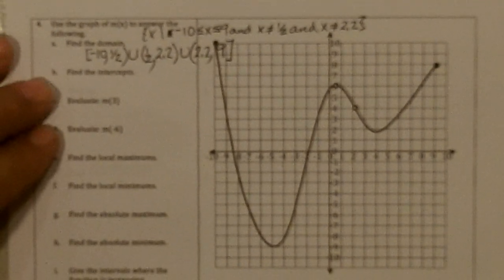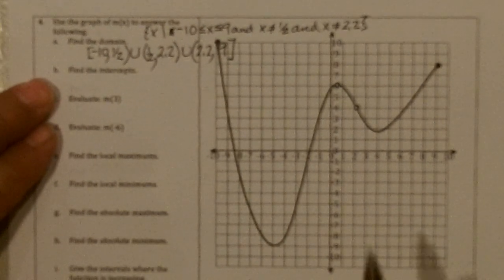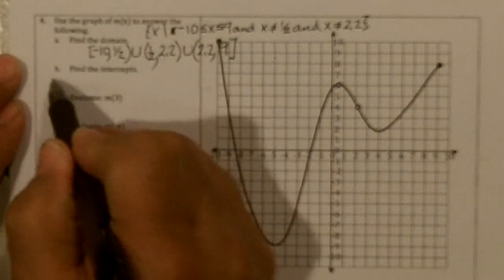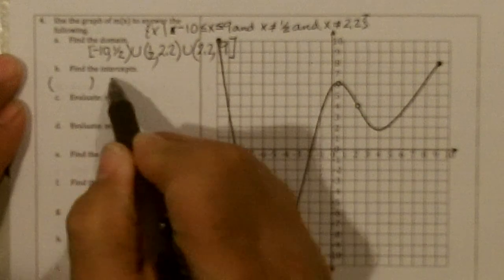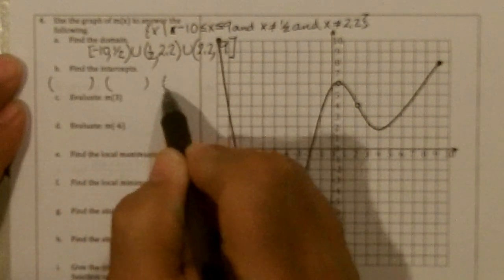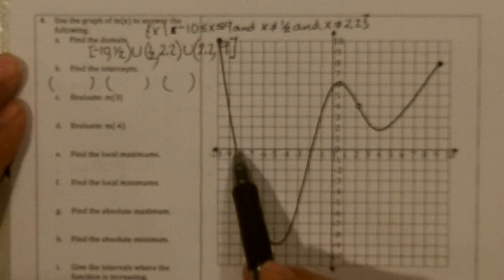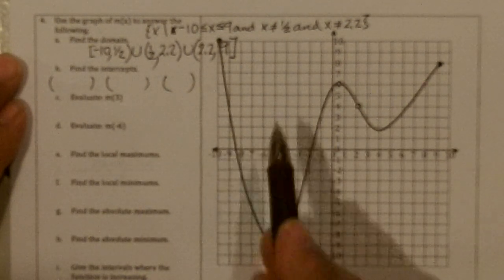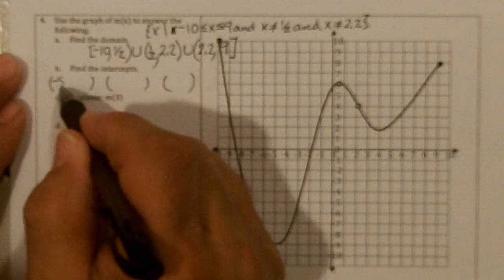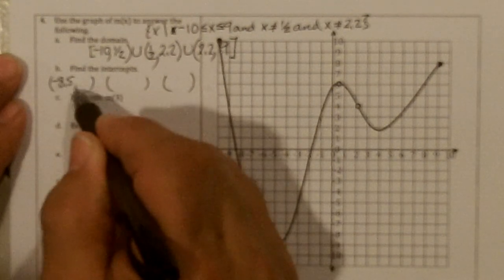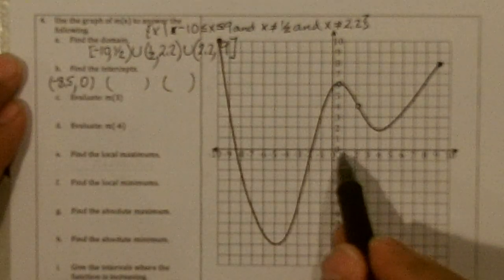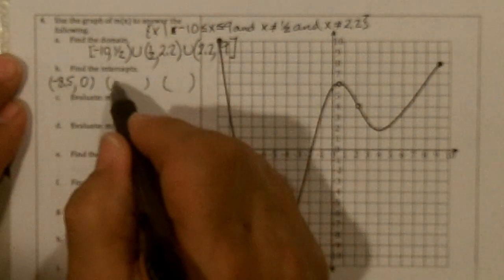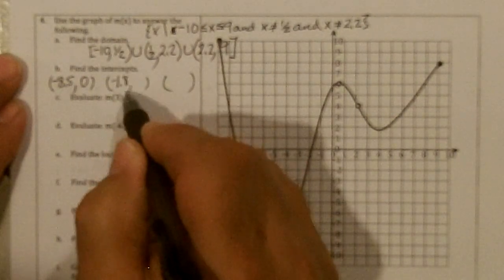The intercepts, that's both x and y intercepts. Intercepts are points, so make sure you make them all be points. And I think we have at least 3. There's one there at negative 8.5 in the x, when y is 0, and negative 1.8, 0.